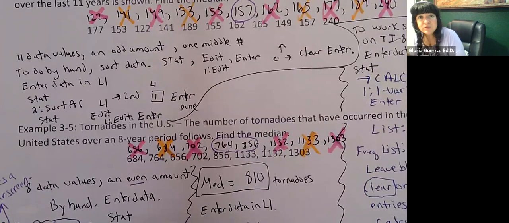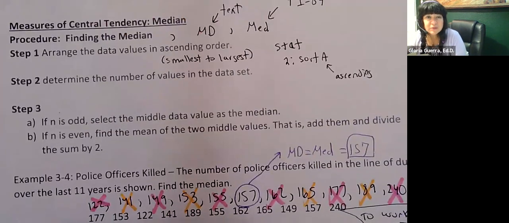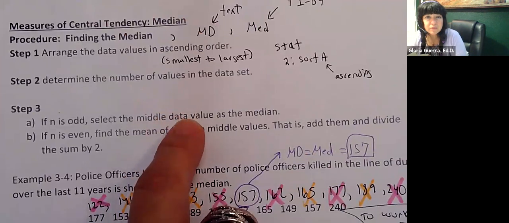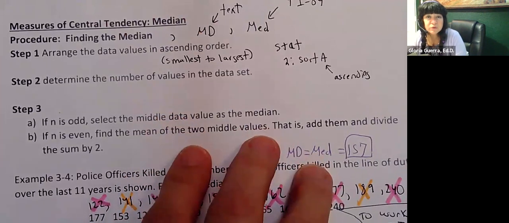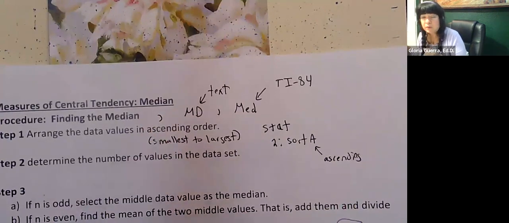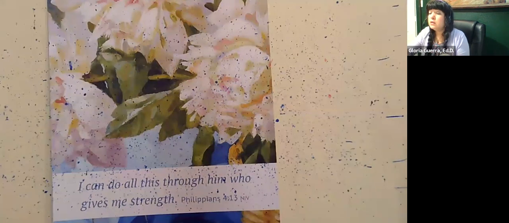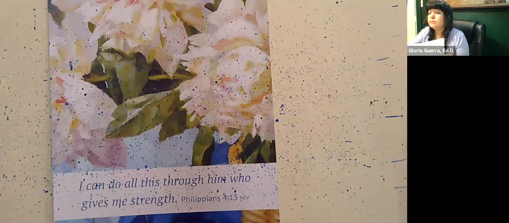I'm surprised it never said that on this page. Well, it does say select the middle data value or the average of the two middle. So it does kind of tell you the median. It's the number in the middle. Okay, and then let's go to page 62.